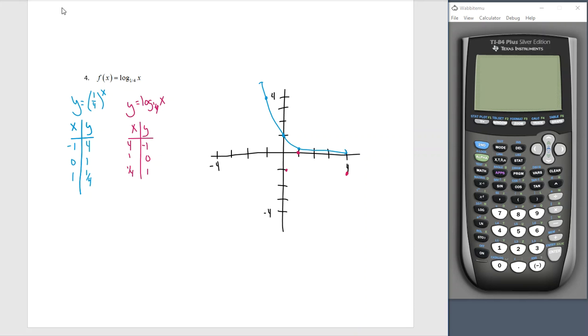Here's the problem, I can't read. 1/4 should be a height of 1, not -1. Sorry about that, there we go. So this decreasing graph should, again, its inverse, should also be a decreasing graph. Close enough is good enough. I missed that point.